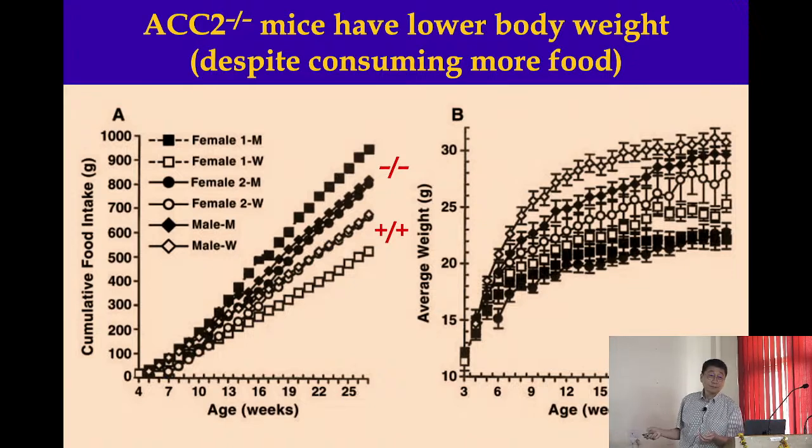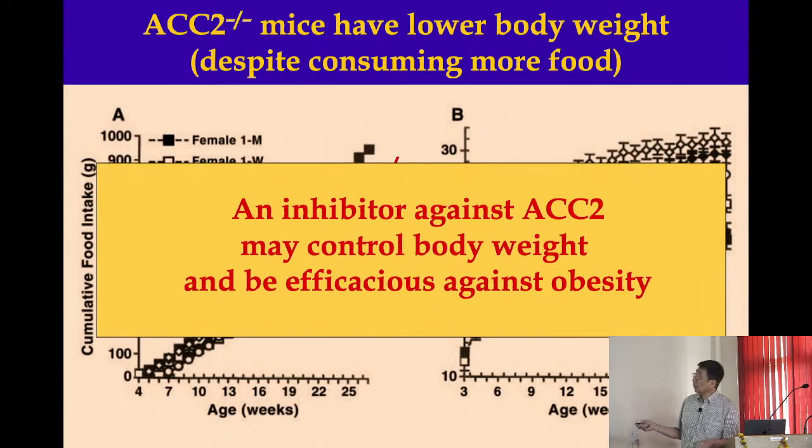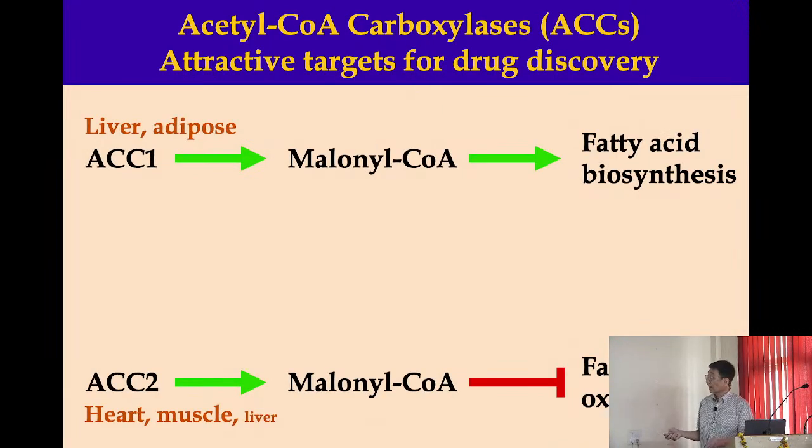Oh, sorry, male at the top, female at the bottom. So essentially, if you can joke about it, the best of both worlds. You can eat all you want, you still weigh less. But anyway, that leads to the idea that an inhibitor against ACC2 may control body weight and be efficacious against obesity, diabetes, and other diseases. So that's the idea.